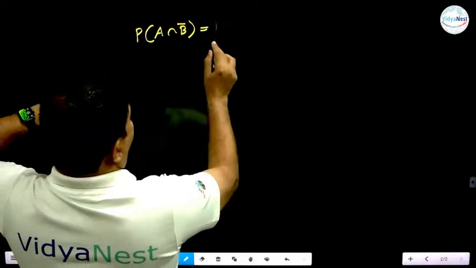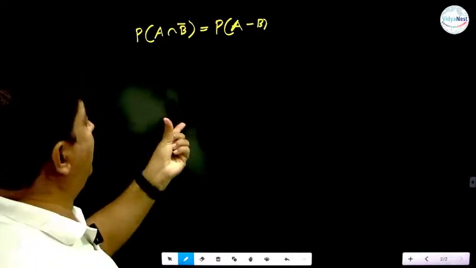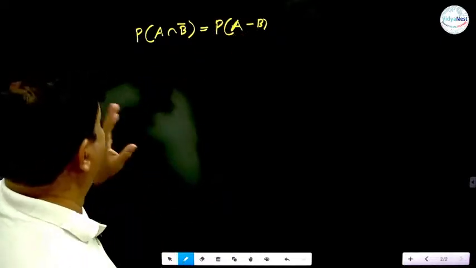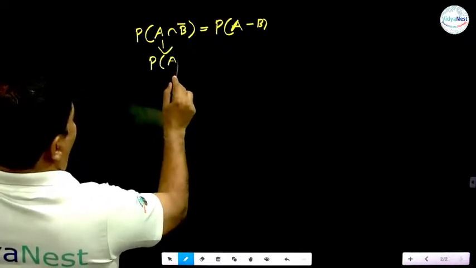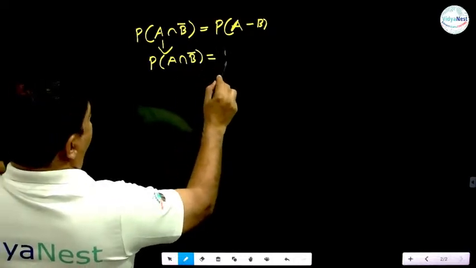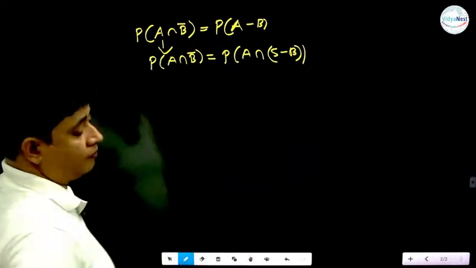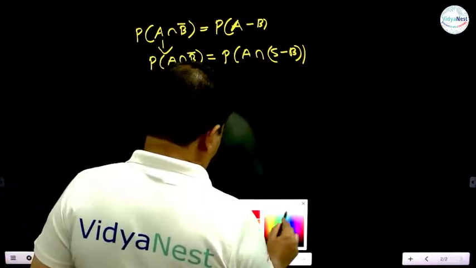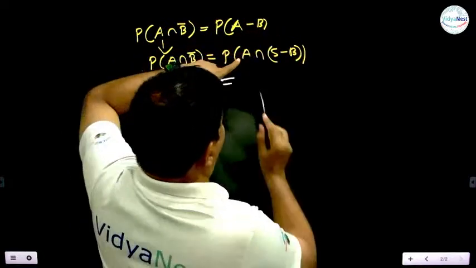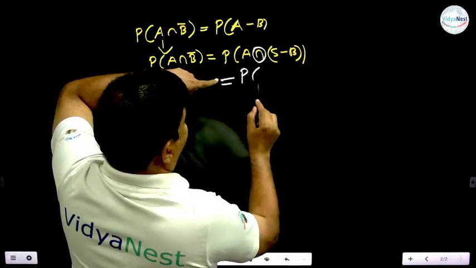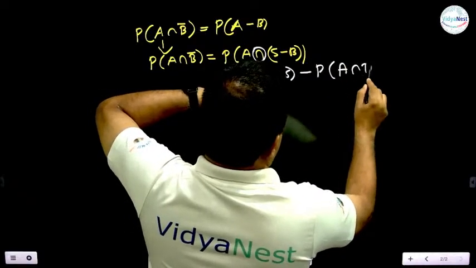It means probability of A minus B, the probability of that part which belongs to A but not to B. This can be written in this way: probability of A intersection B complement is probability of A intersection S minus B. So I can split this probability function with intersection sign: probability of A intersection S minus probability of A intersection B.